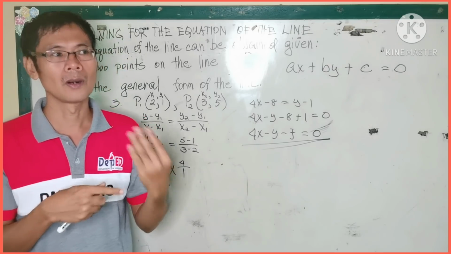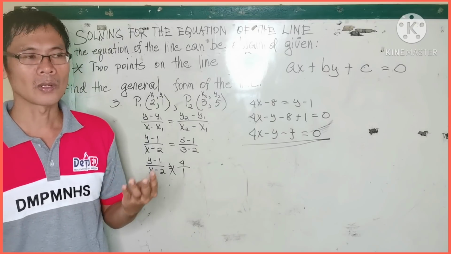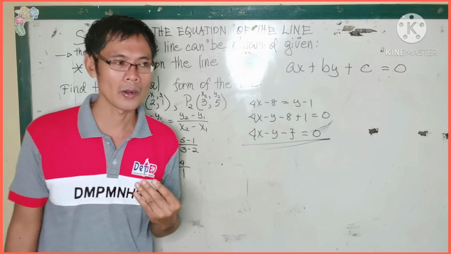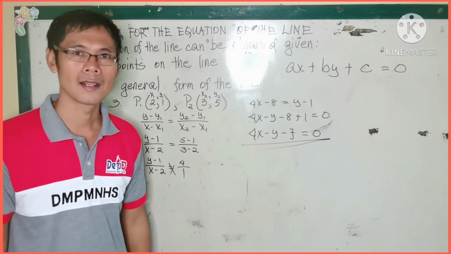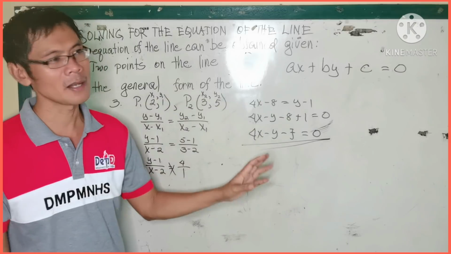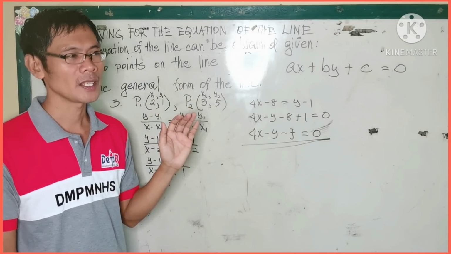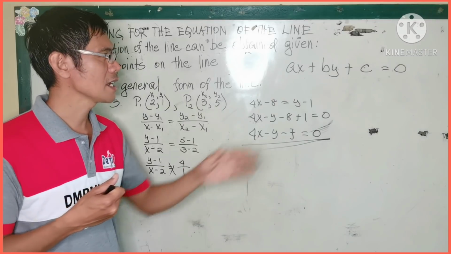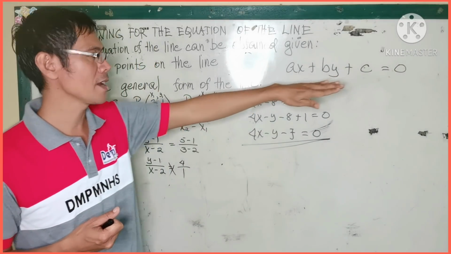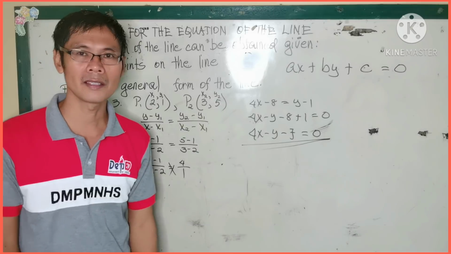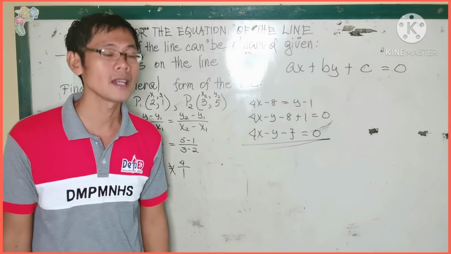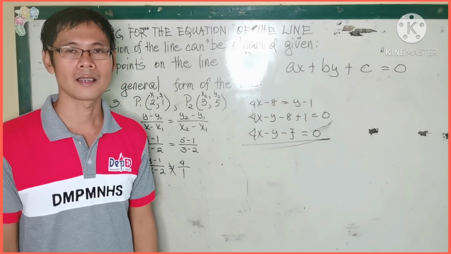Na? So, ayun. So, kung given ang mga ito, then we can readily solve or obtain the equation of the line. Bahala dun or depende dun sa direction if it is in the slope-intercept form, if it is in the general form, or in the standard form, which is ax plus by equals c.